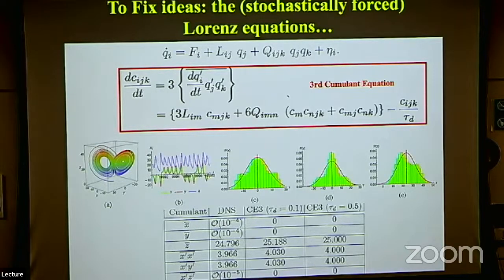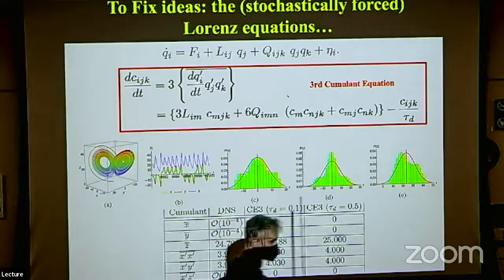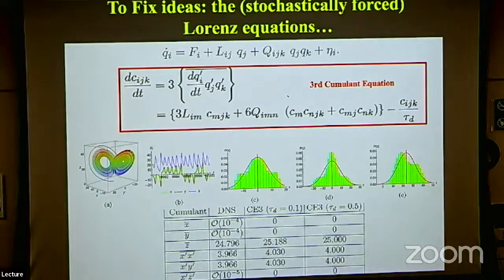When I multiplied through and averaged, I wouldn't get this term, and so I would never need the third cumulant, and so I would never need to solve for it. And so what I could do is truncate my cumulant expansion at second order. So for a cumulant expansion truncated at second order, that's going to be CE2.